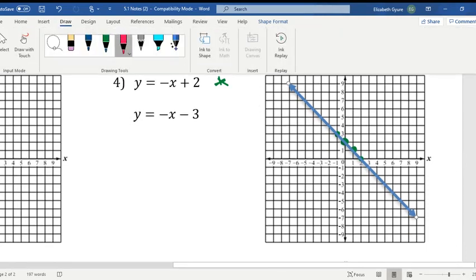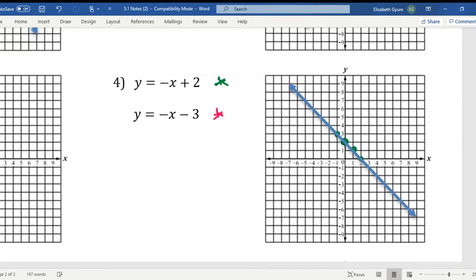Okay, now on the other one, we got y equals -x minus 3. Jesse, what's my y-intercept? Okay, Jesse's not sure. Kaysen, do you know what your y-intercept would be?